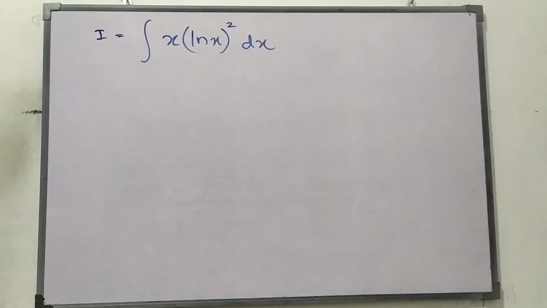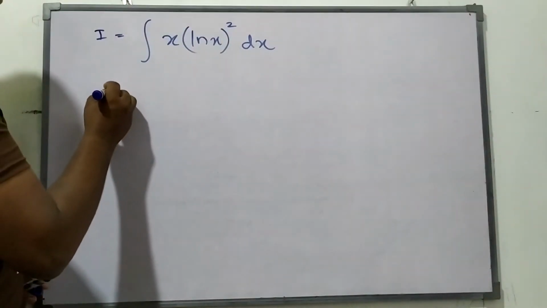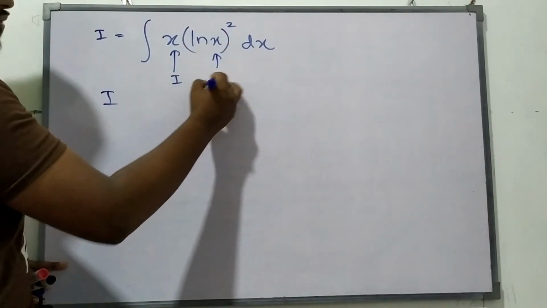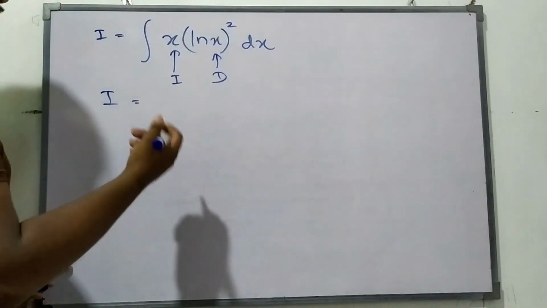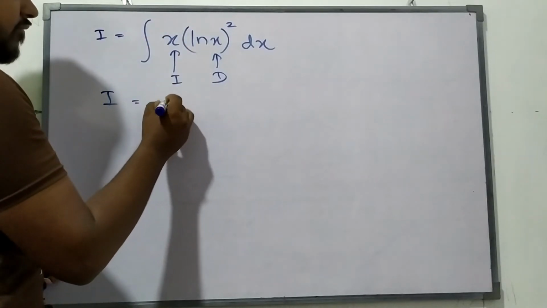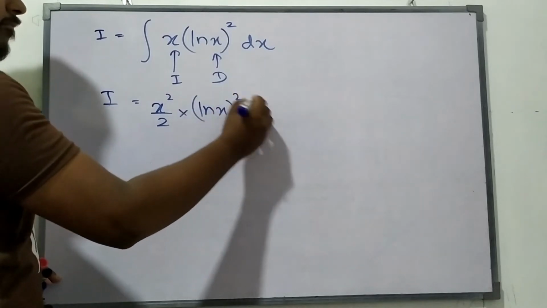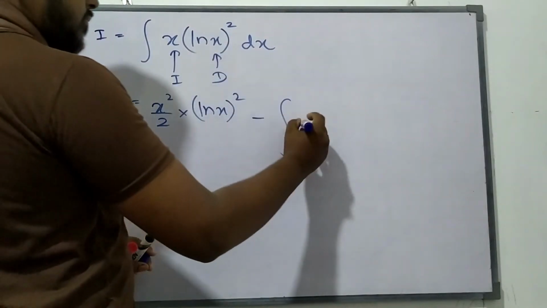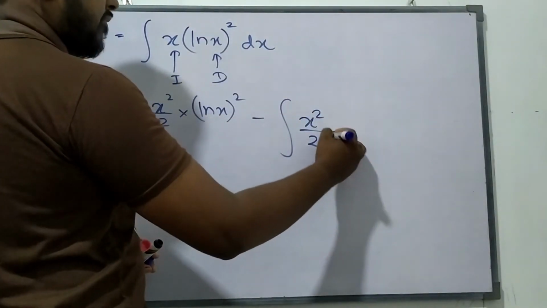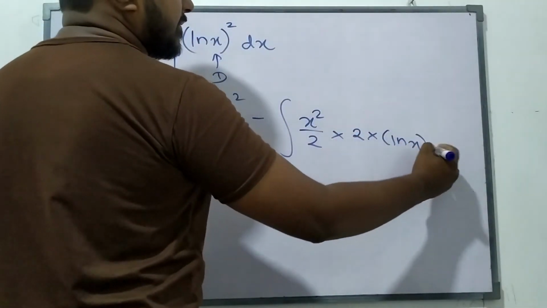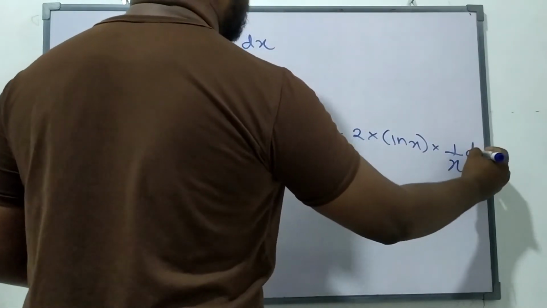Okay, this is my next example. x is integration, ln x is differentiation, because we can't integrate ln x now. So integration value into differentiation function, minus integration value into differentiation answer, 2 ln x into 1 over x.